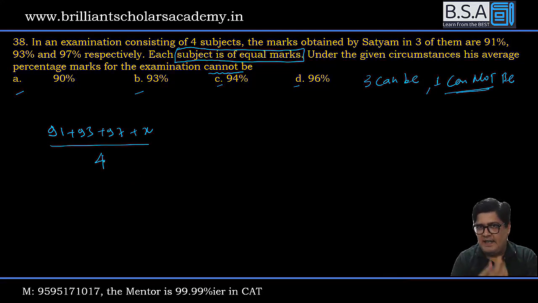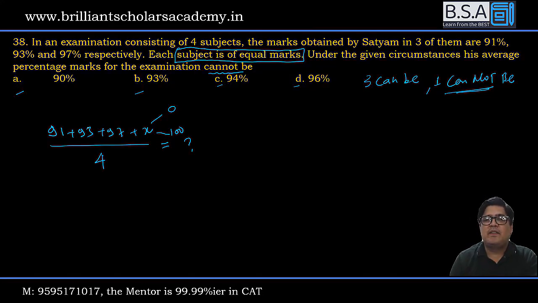I discussed this in the last lecture yesterday, that when all subjects have equal marks, the overall percentage is the average. Now we are saying, what can this be? Can I say in the last exam, maximum score and minimum score can be 100 and 0? So you check for both and your answer is ready.